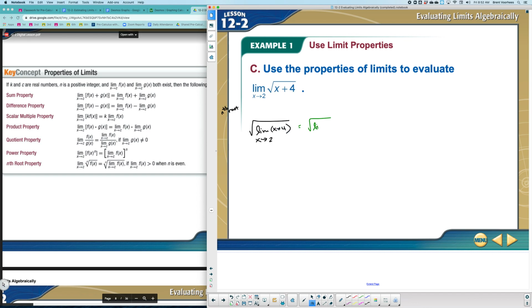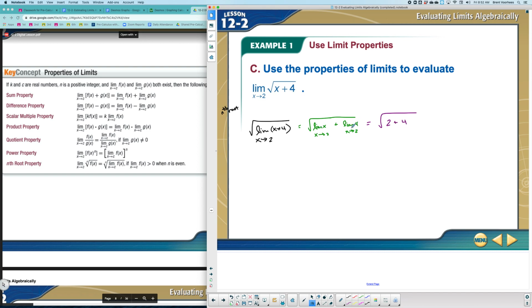So I could say the limit of x as x approaches 2 plus the limit as x approaches 2 of 4. Without just continuing to write the property names each time, I'll come back and do that in a second. This would be equal to, that right there will be 2, and this right here is 4.